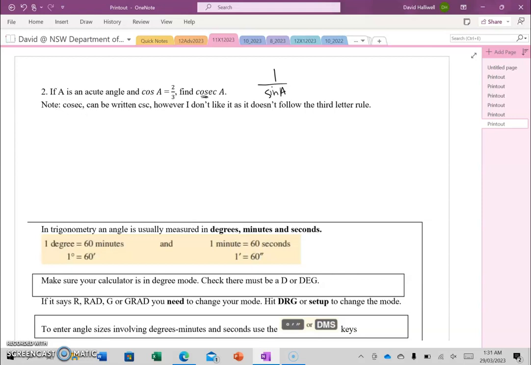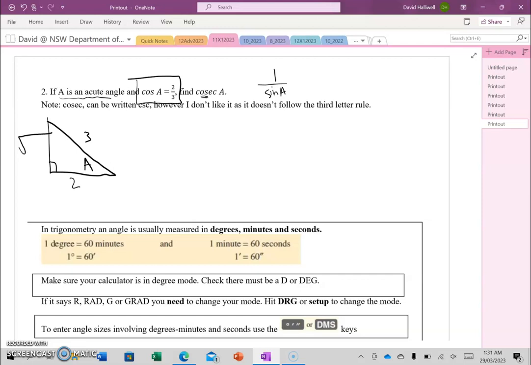Here we're given one trigonometric ratio and we're asked to find another. The easiest way is to draw a triangle. We're not going to worry too much about why it says acute angle. The key thing is we're focusing on right angle triangles, and the angles inside a right angle triangle are always acute. Cos is adjacent over hypotenuse, so I'm going to put the adjacent as 2 and the hypotenuse as 3.